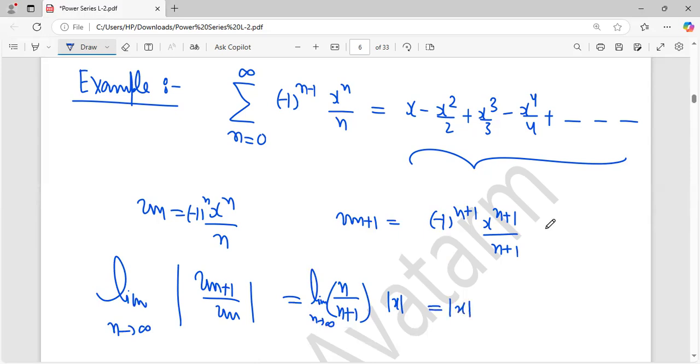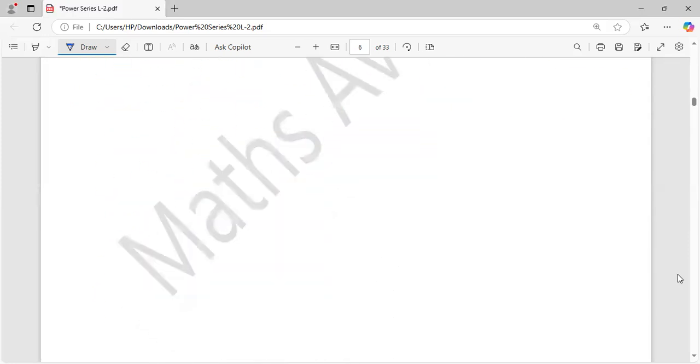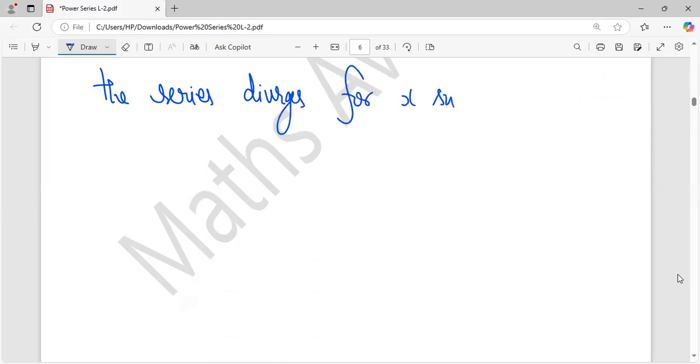We found out in the last lecture that this series diverges for x such that x is greater than 1. Okay.